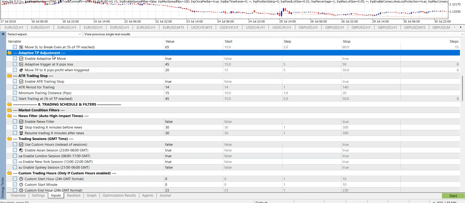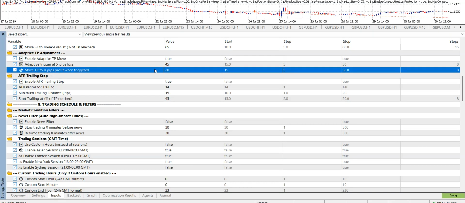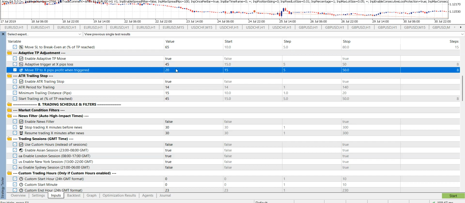Also, we have the adaptive TP, which is something that I was using in the previous version as well, and it was a huge success. It triggers a take profit recalculating when the loss hits a certain amount of pips. So for example, if you set it to true, if your trade hits 45% loss, your new take profit is going to be 20 pips.